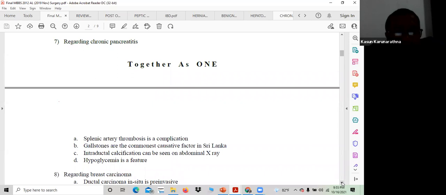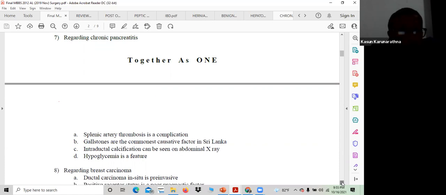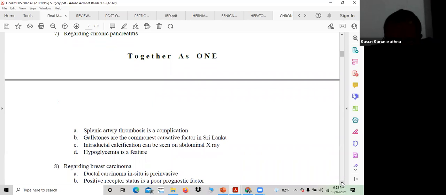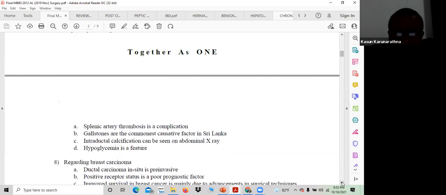Splenic artery thrombosis is a complication. Usually, the splenic artery gets aneurysms and the splenic vein gets thrombosed, right? So it's false. Gallstone is the commonest causative factor in Sri Lanka. It's alcohol in Sri Lanka, etc., right? Should give rise to chronic pancreatitis.